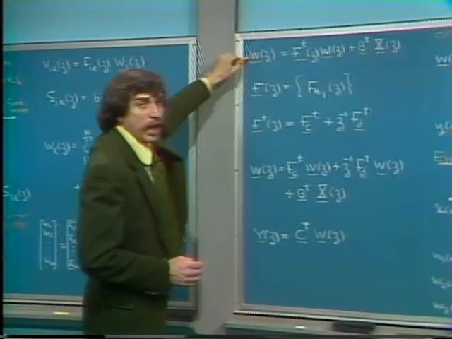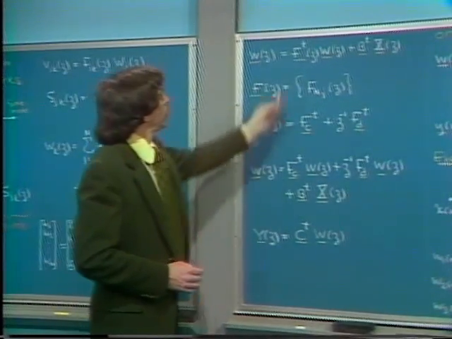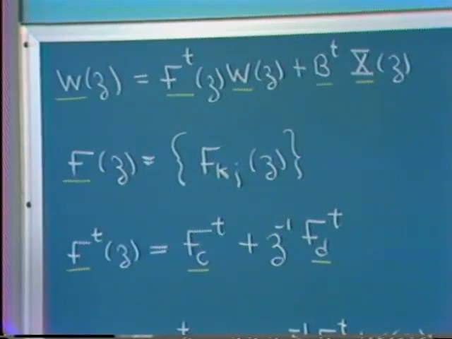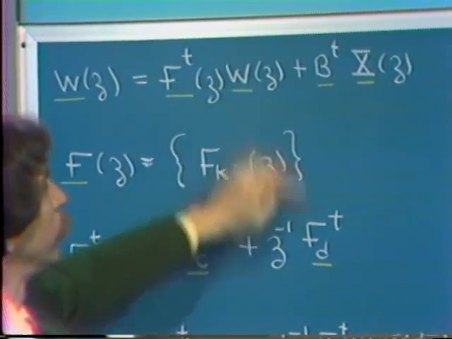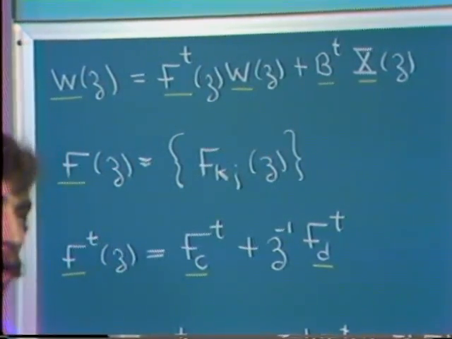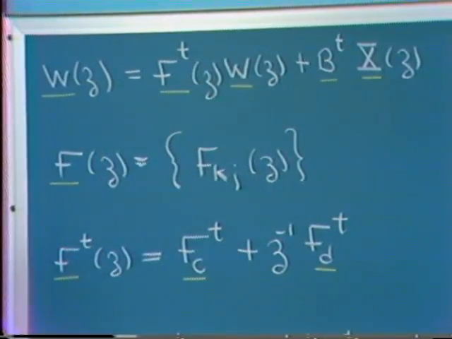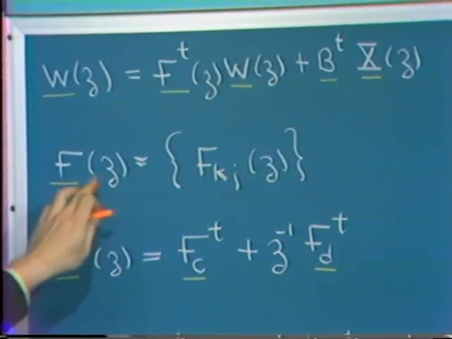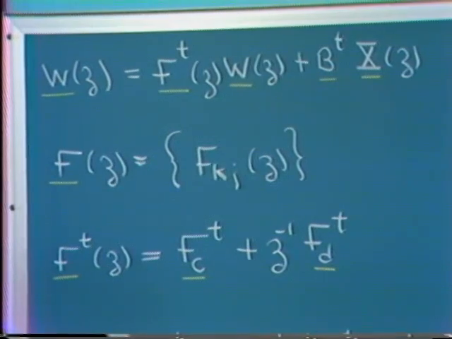We have a column vector of node variables equal to a transpose coefficient matrix multiplied by the column vector of node variables, and then the transpose of the transmittances that connect the sources to the internal network nodes multiplied by the source vector, where the kjth element of the matrix F of z is F sub kj of z.